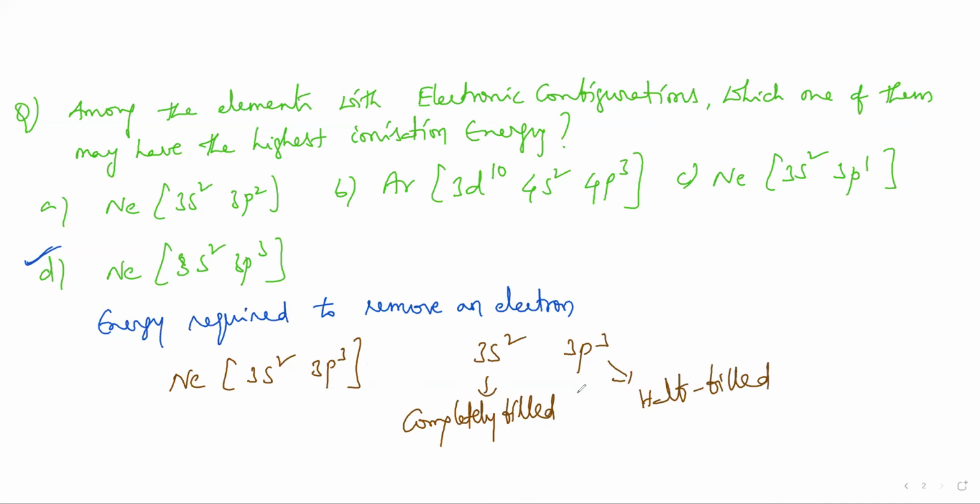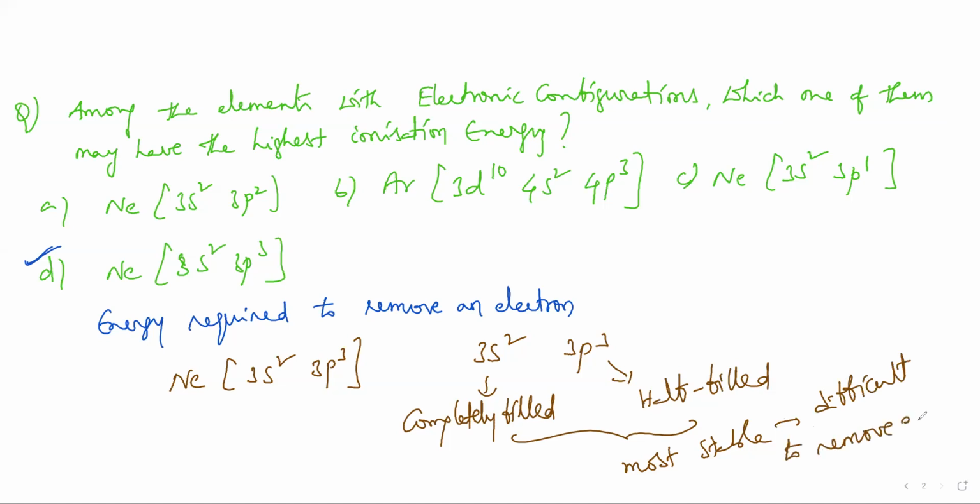In both cases, completely filled and half filled electronic configurations are more stable. They are the most stable electronic configurations. If they are more stable, then it is difficult to remove electrons. That means we need excess energy to remove those electrons.